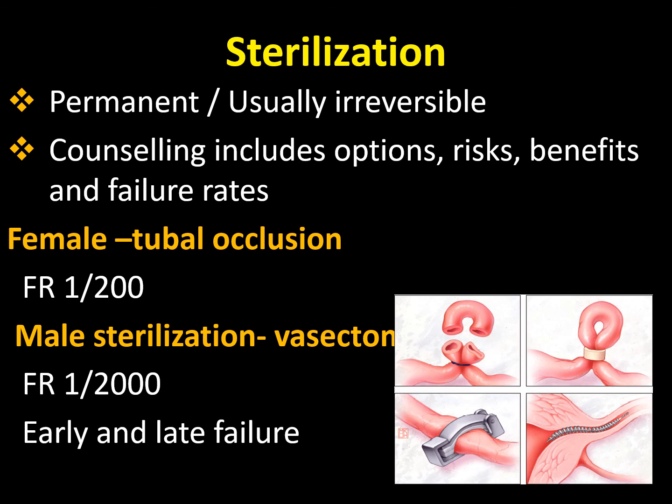Sterilization may fail during the initial procedure or later due to recanalization of the fallopian tube. Early failure could be due to the fact that the lady was pregnant at the time of sterilization, and this highlights the importance of taking an adequate history of the menstrual cycle and making sure no unprotected intercourse occurred before sterilization, and a pregnancy test arranged before the procedure.